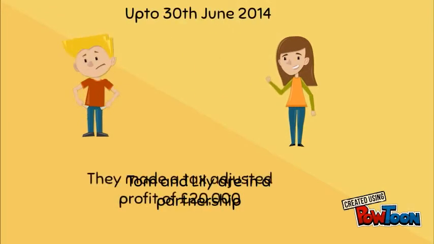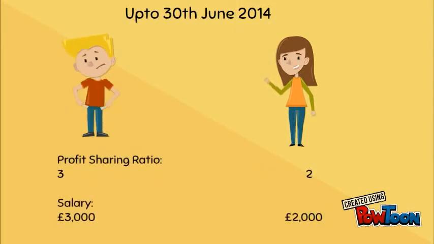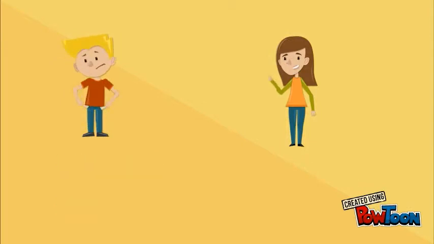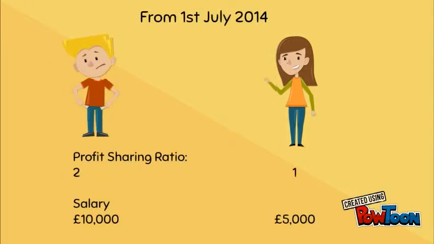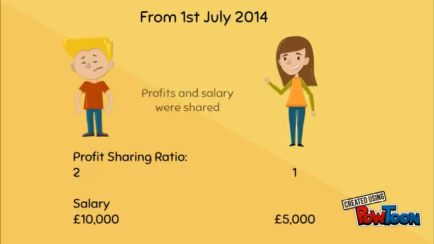They make a tax adjusted profit of £20,000. Up to the 30th of June, the profit sharing ratio was 3 to 2 in Tom's favour, with a salary of £3,000 and £2,000. However, from the 1st of July, the profit sharing ratio changed to 2 to 1 in Tom's favour, with a salary of £10,000 and £5,000 respectively.